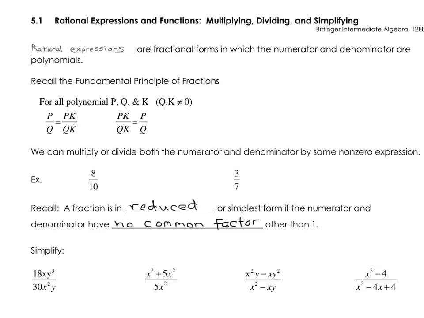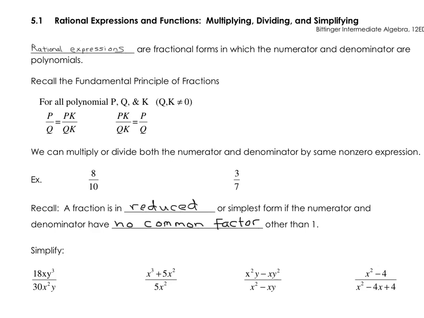For all polynomials p, q, and k, where q and k cannot be equal to 0, if you have a fraction of two polynomials, p over q, then you can multiply both the numerator and the denominator by k, the same polynomial. We know that with fractions. With numbers it's easy.